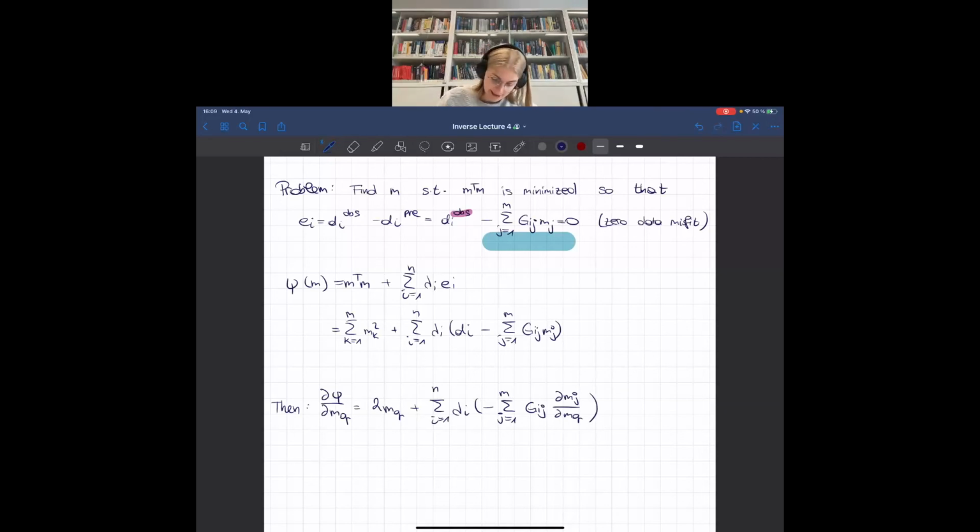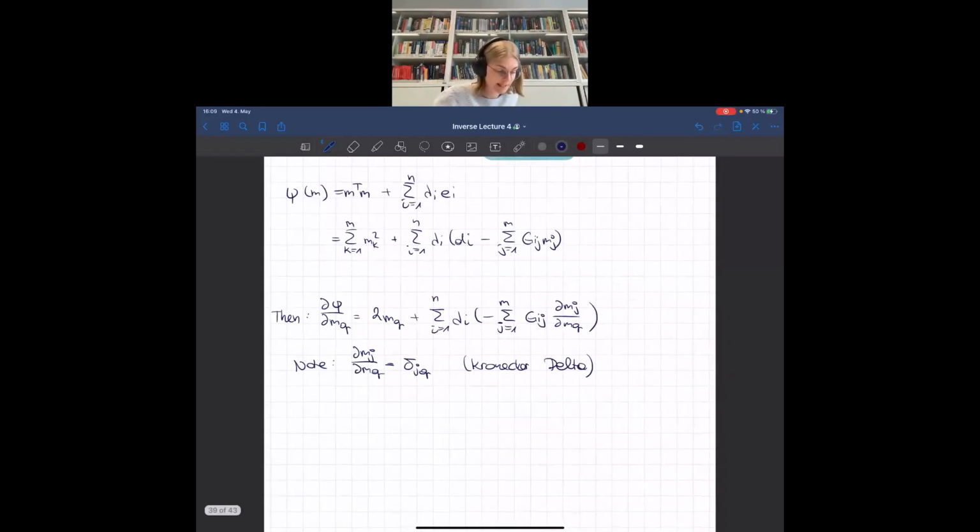Now, what we can use is that dm_j derived by dm_q is nothing else than delta_jq, the Kronecker delta. We use that because life gets way easier if we do so.